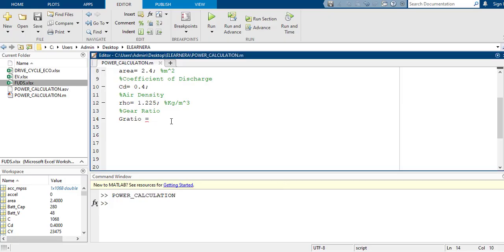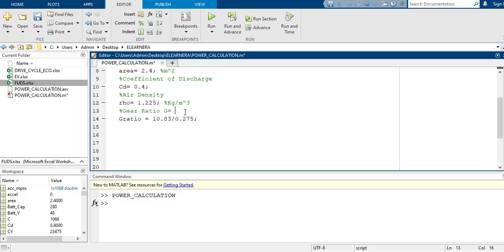So 10.83 slash, we are giving a tire radius, because here we are manipulating the program in such a way that we are considering 2 pi N divided by 60.